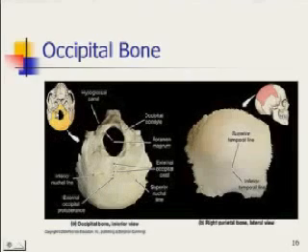Again, the inferior and posterior border of the skull. There are several landmarks that are important for you to be able to recognize on this bone, the first of which includes the foramen magnum. This is a large opening through which the spinal cord passes as it communicates with the brain and passes inferiorly through the spinal canal.